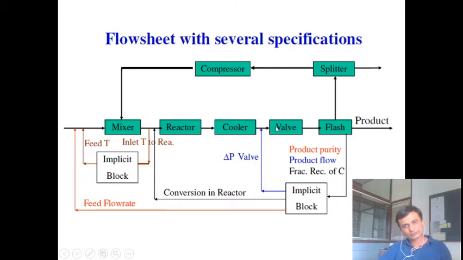And this particular fractional recovery can also be related with delta P. So when I want to simulate this particular flow sheet, I need to initiate not only the stream, but also the conversion, the feed flow rate, and I might need to initiate delta P across the valve.